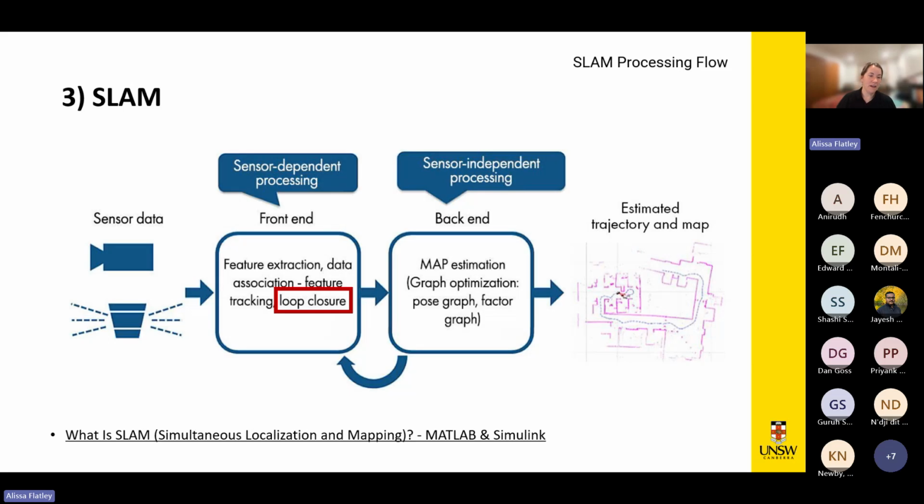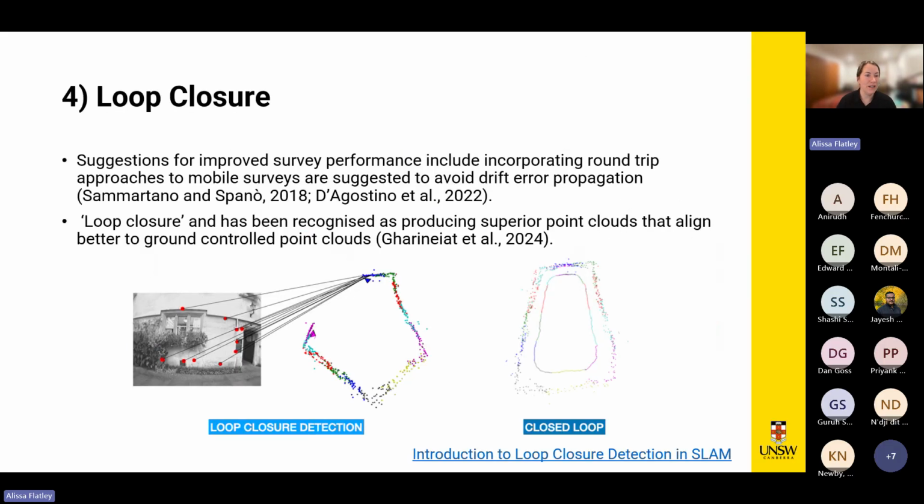And in terms of workflow for this, there are sensor-dependent processing and sensor-independent processing. And there's lots of things that are occurring on the front end. So this can be things like feature extraction, data association, feature tracking, and this idea of loop closure. Now, loop closure is particularly important for geomorphological scanning.